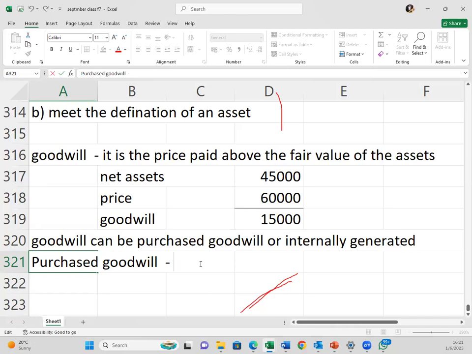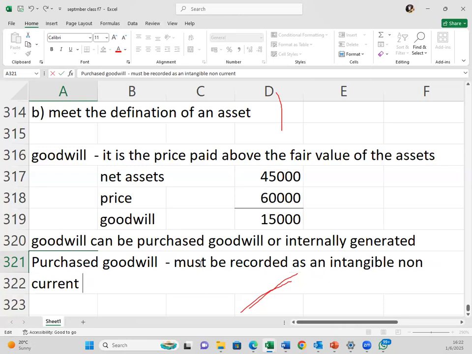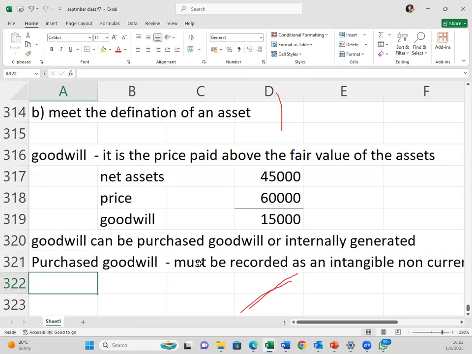So purchased goodwill must be recorded as an intangible non-current asset.